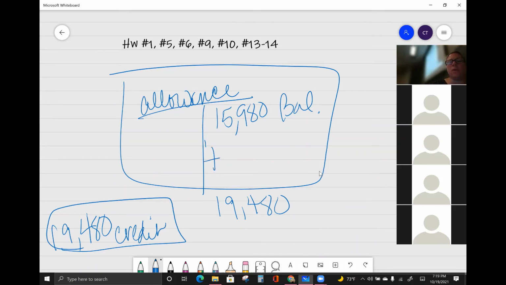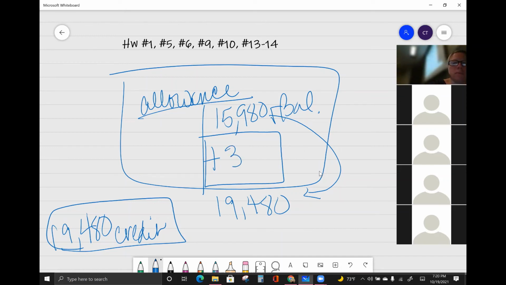Adding. So how do we add? It's got to be on the same side in order to add. So my allowance account, I need to take the difference between these two numbers. That difference is $3,500, I believe.